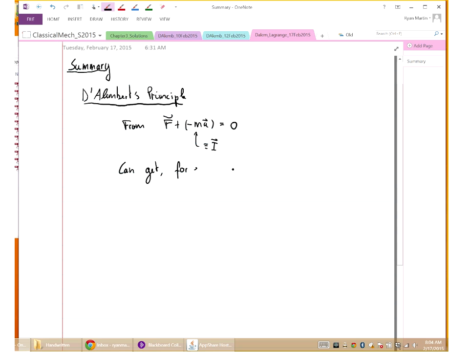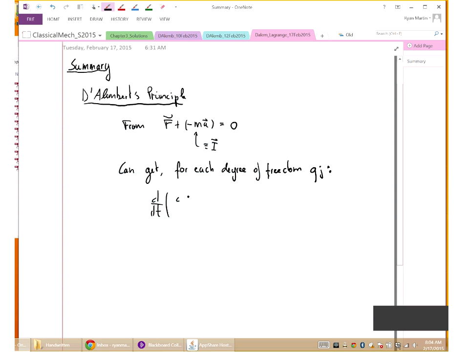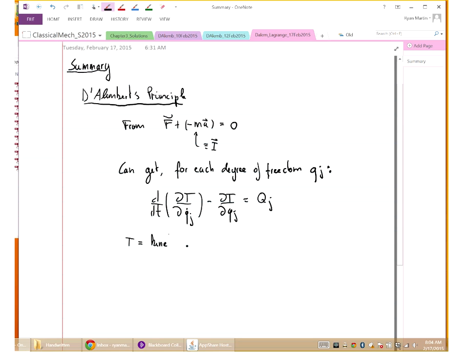Where for each degree of freedom, Qj, you have the equation d by dt of ∂T by ∂Qj dot minus ∂T by ∂Qj equals capital Qj, where T is the kinetic energy of the system.